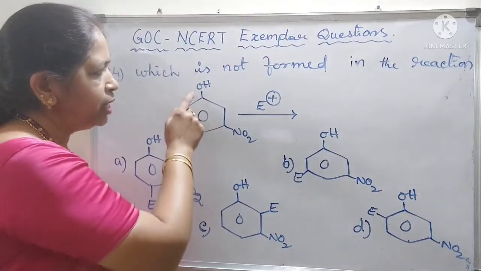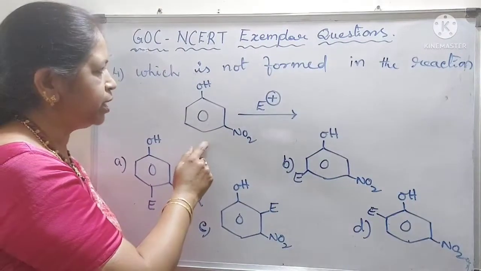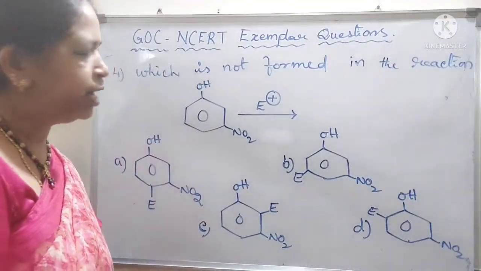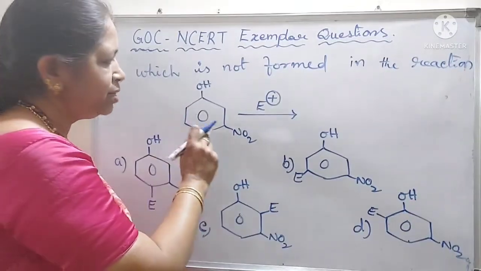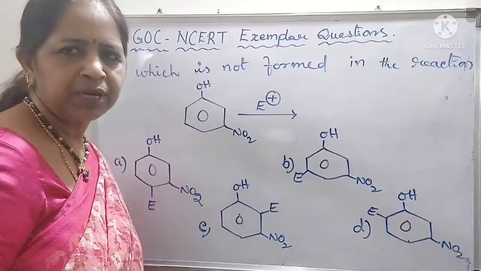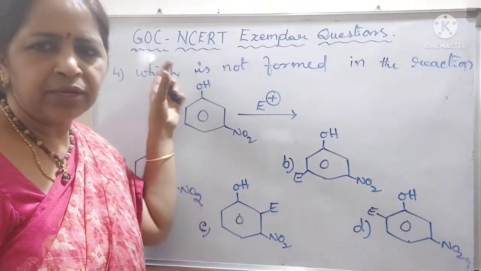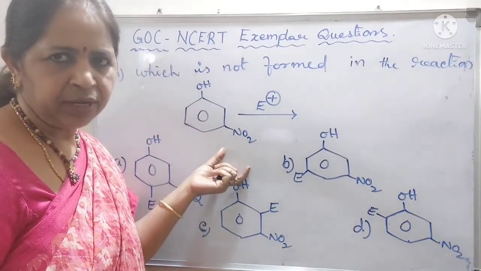And what is the nature of these substituents present on the benzene ring? The hydroxyl group is an electron releasing group and nitro group is an electron withdrawing group. When these two types of groups are present on the benzene ring, the effect of electron releasing group overweighs the effect of electron withdrawing group.